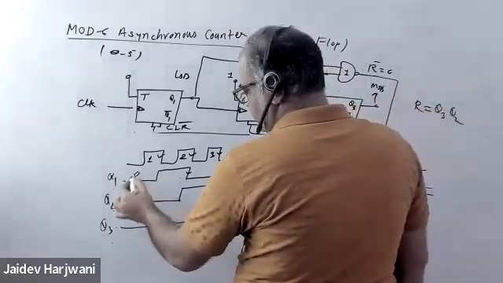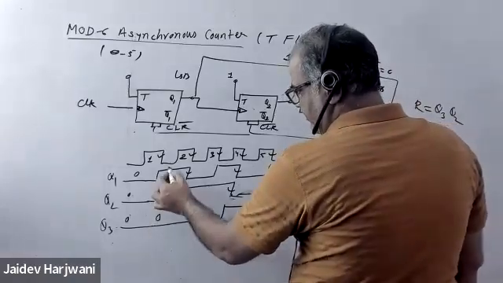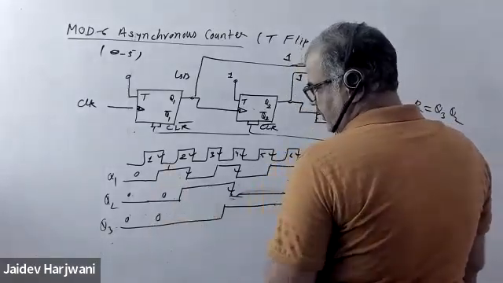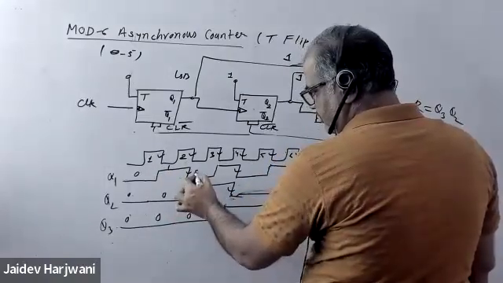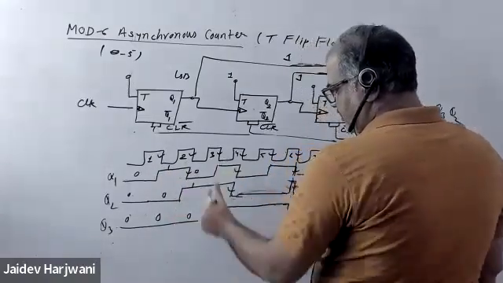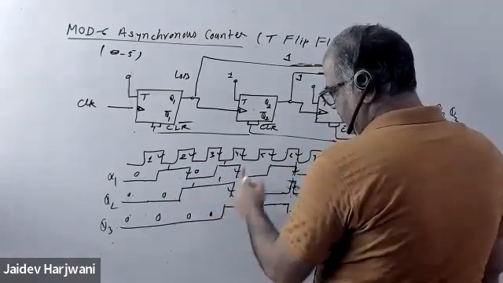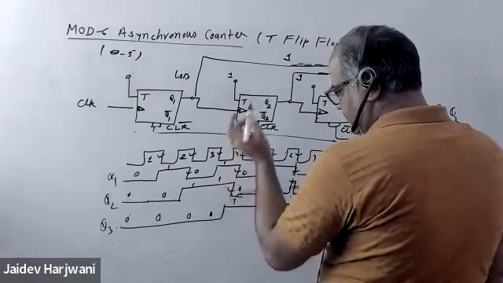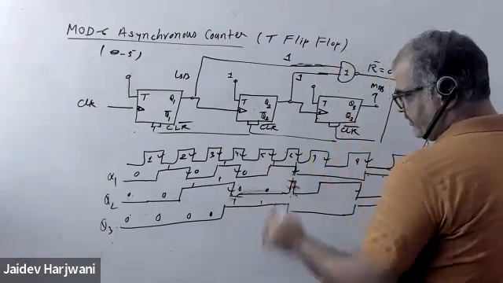Now you can count. So initially you have 0 0 0, this is 0 0 1, after clock 1, after clock 2, this is 0 1 0, that is 2, after clock 3, this is 0 1 1, after clock 4, this is 1 0 0, nicely going up to 5, this is the 1, this is a 0, this is a 1.